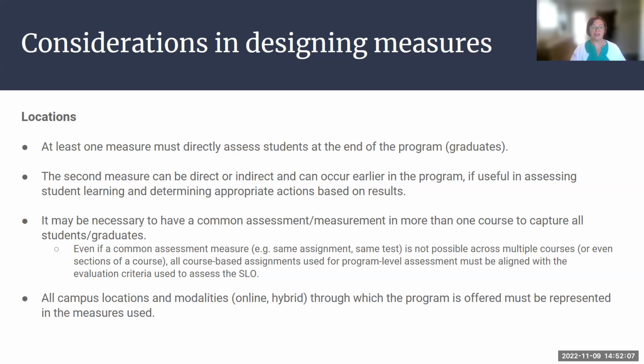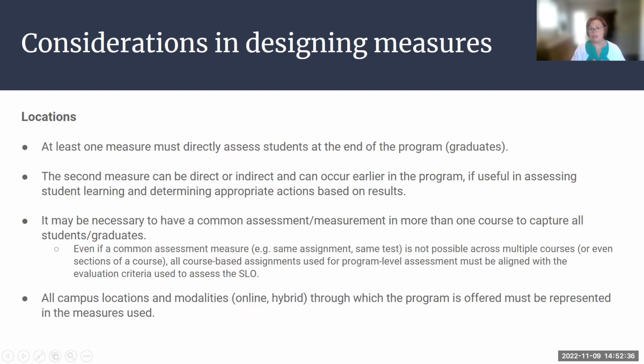If you have 3 senior level courses that students in different concentrations are taking, it doesn't mean they all have to do the exact same assignment, but it could be an assignment that has similar facets or common skills, even if the content is different. There are ways to do that. It is tricky, and that's something we're happy to walk you through if you need to think about that.